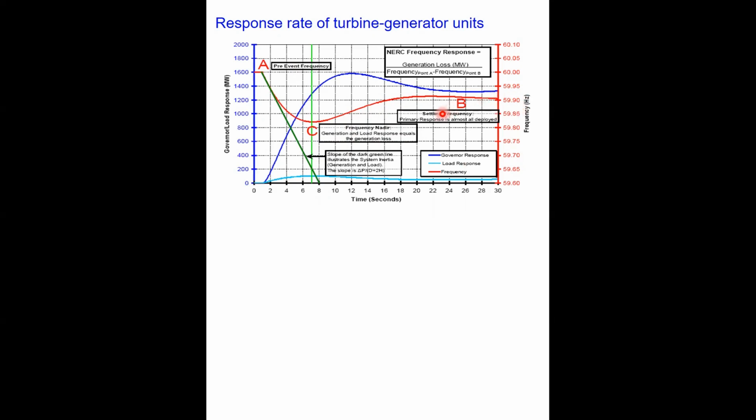What is shown is the governor response, which is the output power, that means the control signal from the governor and how it changes here. It starts increasing the governor response signal, but as soon as the frequency deviation takes place with the load increase, you have this response here.